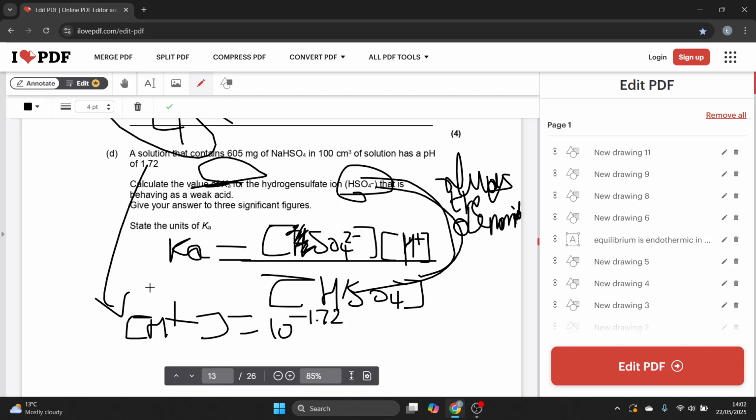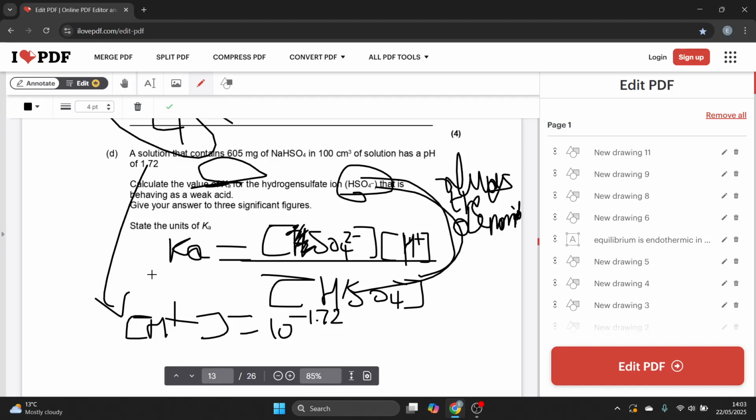What else can I do? I can work out the moles of the NaHSO4.